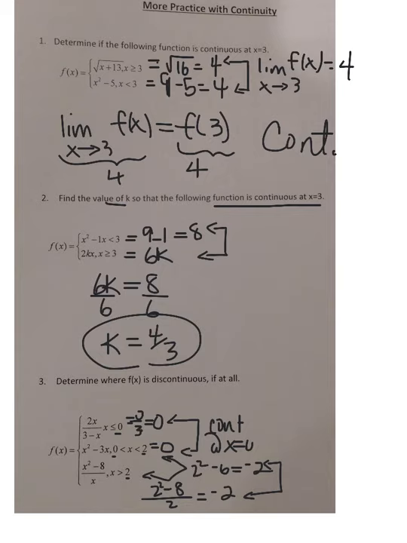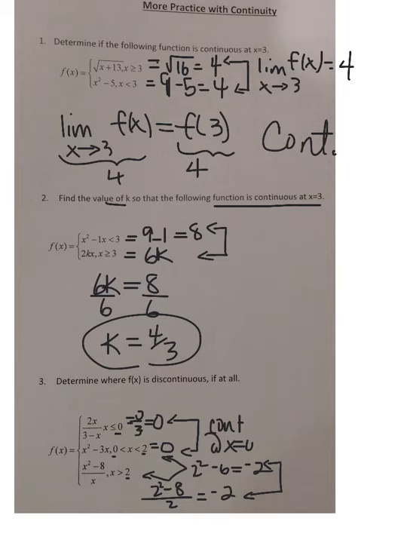Here's the difference. Where's x equals 2? There is no x equals 2. So even though the limit coming from the left of 2 and the limit coming from the right of 2 are the same, all that proves is the limit from the left is equal to the limit from the right.